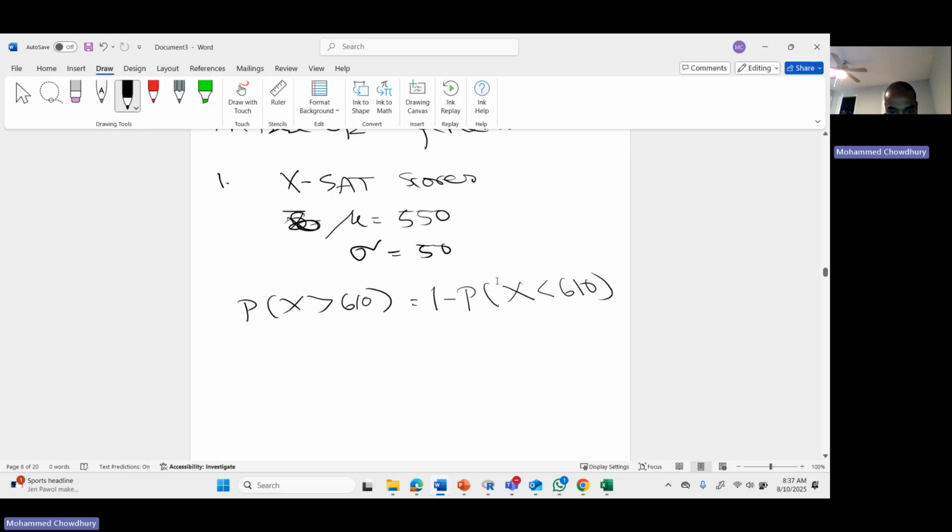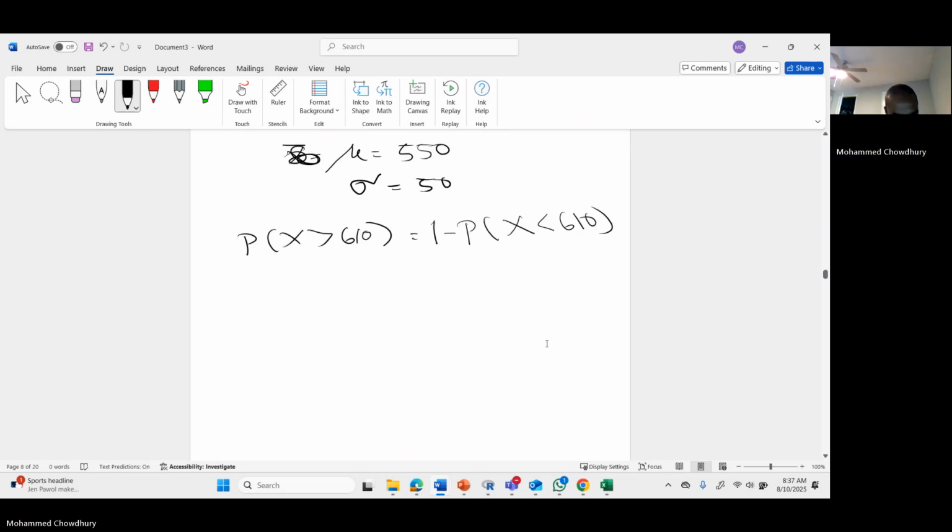Okay, let me do it by using Z. X greater than 610, right? Now X minus mu divided by sigma: 610 minus 550 divided by 50. This is my Z as I mentioned before.